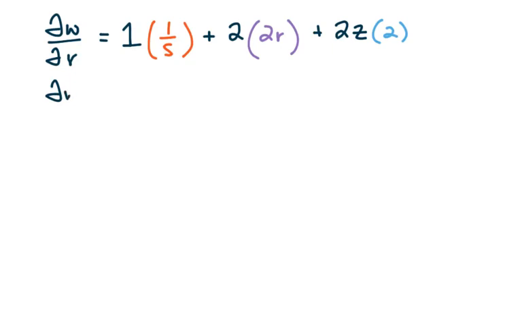So that means dw dr is 1 over s plus 4r plus 4z.